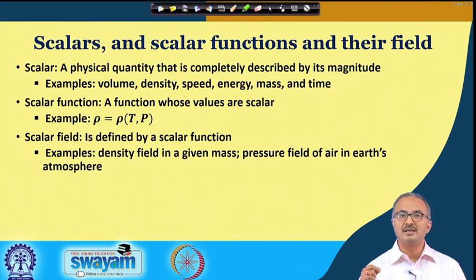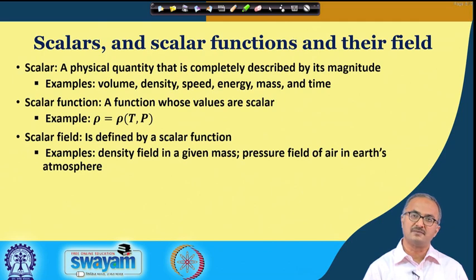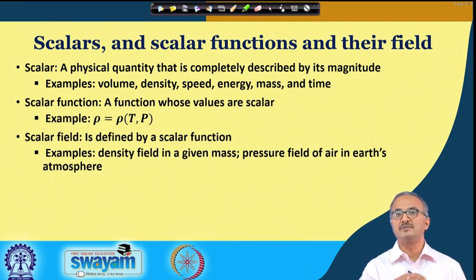So, in that case, we have to find the density at different locations with respect to the pressure and temperature. So, we will have some distribution of the density in that given region. So, we say that this is a density field, that means the distribution of the density in the particular region. Because density is scalar, it is a scalar field.